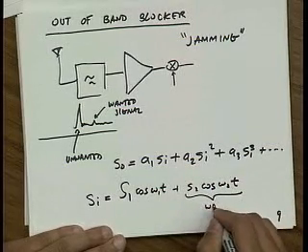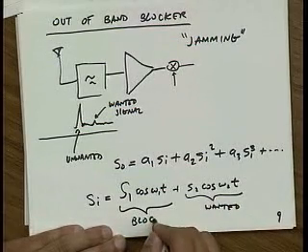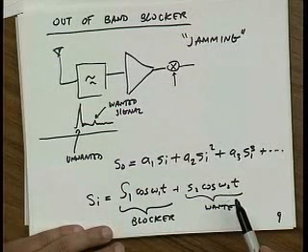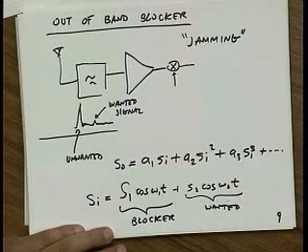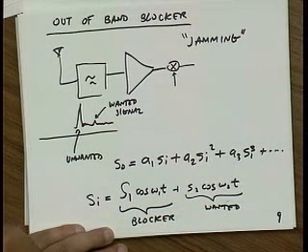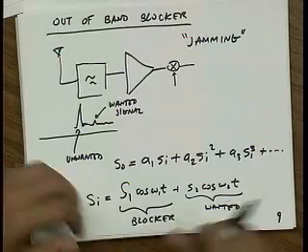So this is the wanted signal, and this is my blocker. Now keep in mind, this guy can be much, much larger than this guy. So for instance, this wanted signal might be minus 100 dBm. This blocker might be minus 60 dBm or minus 50 dBm. So 50 dB, or 5 orders of magnitude more powerful than the signal you're trying to detect.